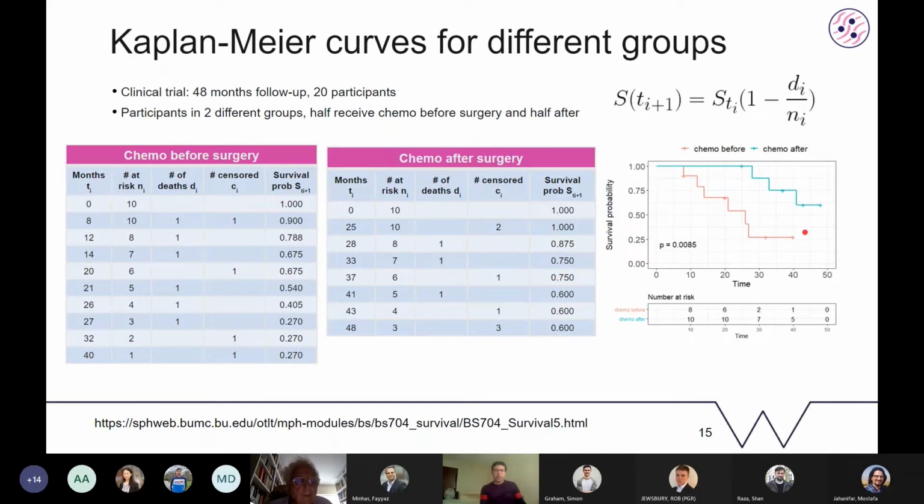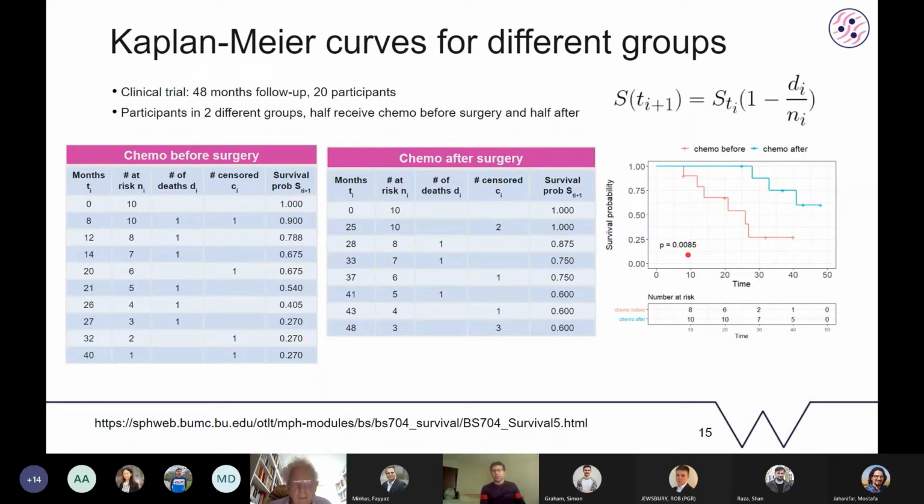We can use these curves to visually see if there is any separation between these groups, let's say chemo before and chemo after. So we again use the estimator to get the probabilities for each group. This is the first group, and then this is the second group. We plot them visually, but to quantitatively see if these groups are significantly different, we will perform some tests which can give us a p-value, and we can set a threshold.